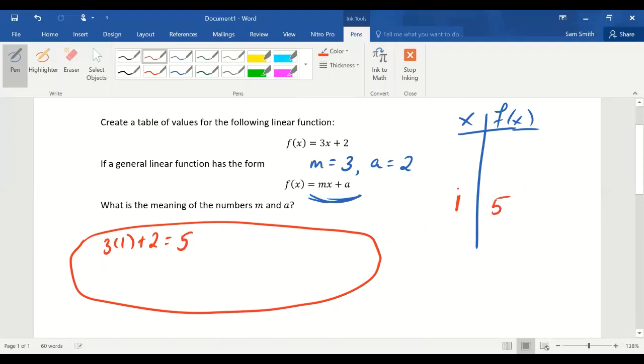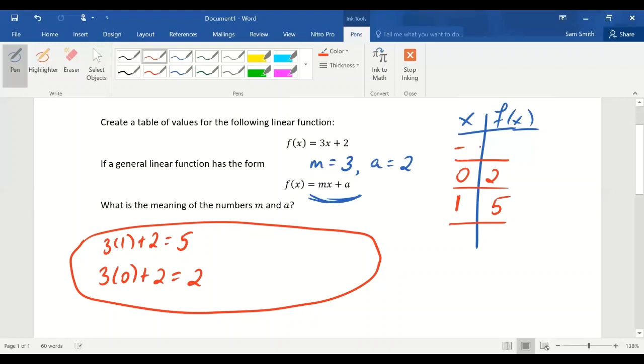So 5 is the output that goes with x equals 1. What if I put in x equals 0? If I put in x equals 0, 3 times 0 plus 2, 0 plus 2 is just 2. So I'll mark that in the table as well.